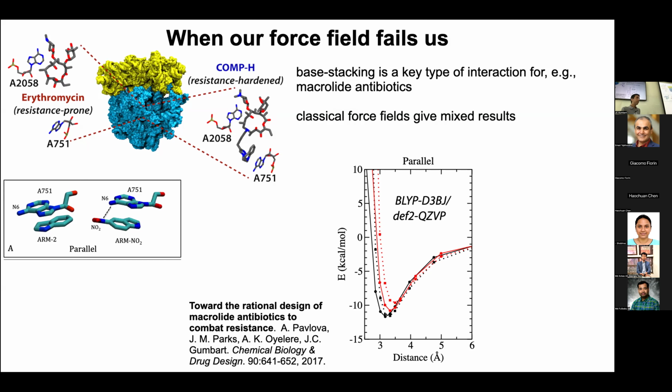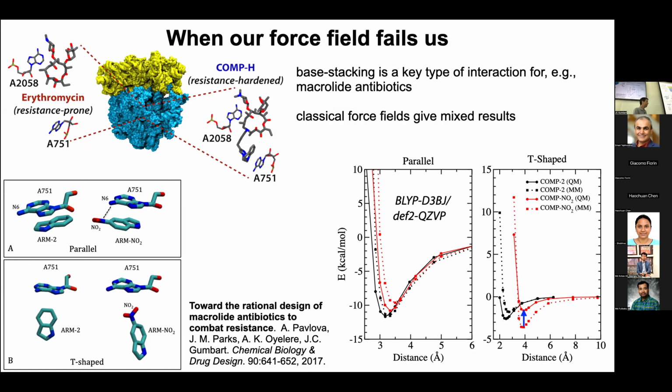But then there's another type of interaction these can form called T-shaped stacking. There the force field doesn't do as well. You can see we're off by probably about 2 kcal in some cases. So these are just things to be aware of, where there could be a need, like for this molecule, to come up with improved parameters.